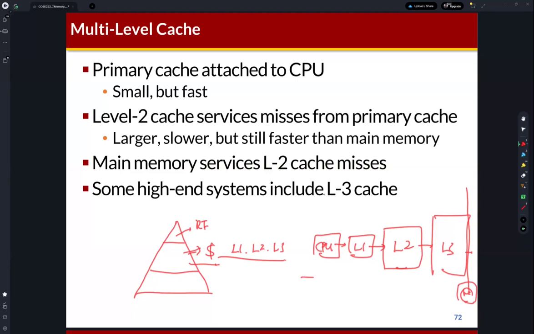Usually the cache is included in the CPU package. So what is the benefit of the multi-level cache? What are the characteristics of the high-level cache or low-level cache? We learned about the characteristics of the memory hierarchy. If the memory hierarchy level is high, the memory is small but fast.